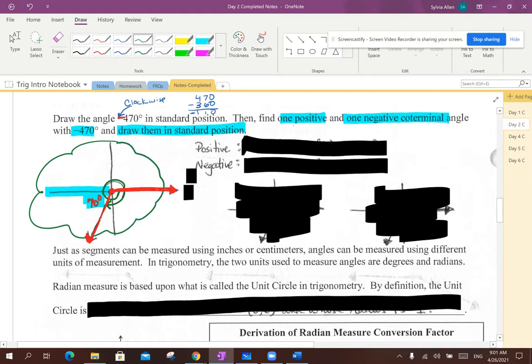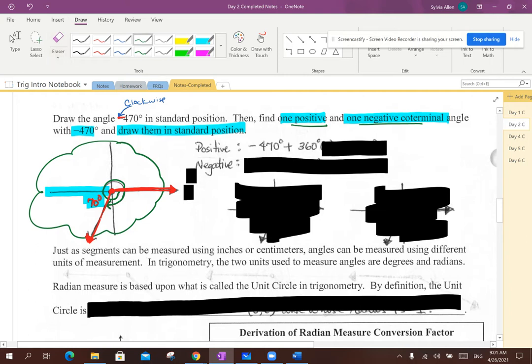Now, to find a positive and negative coterminal angle, we need to make sure that with coterminals, we end up at the same spot, which means we're going around one full circle. How many degrees are in one full circle? Okay. All right, so now to find a positive, I'm going to take my negative 470 degrees and add 360.